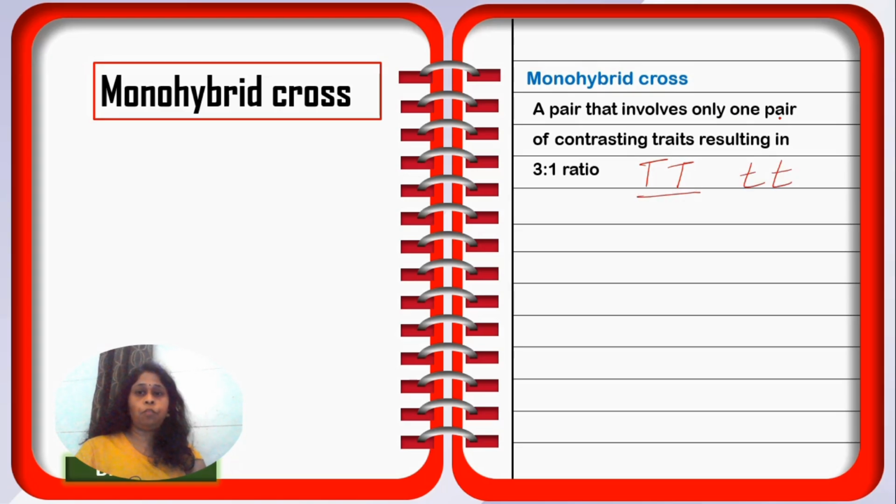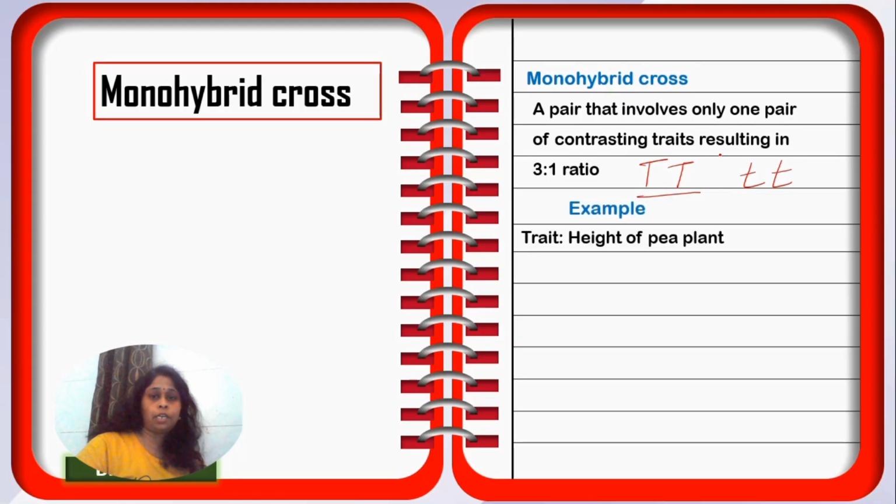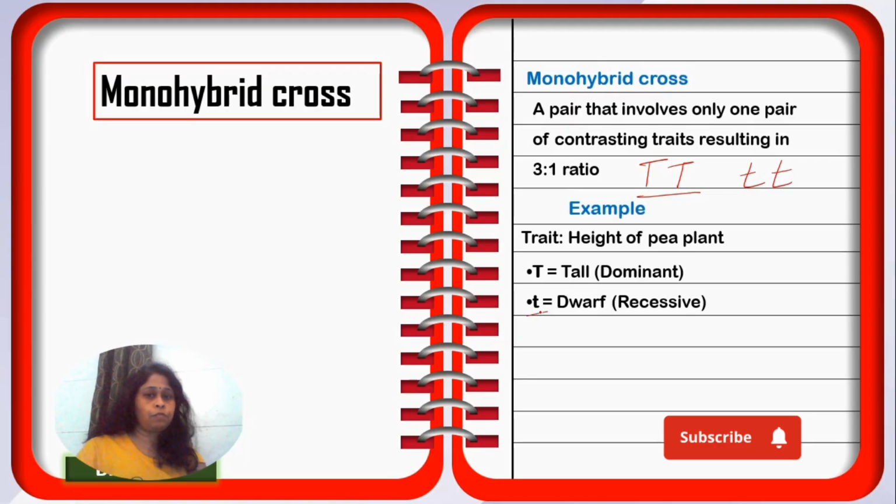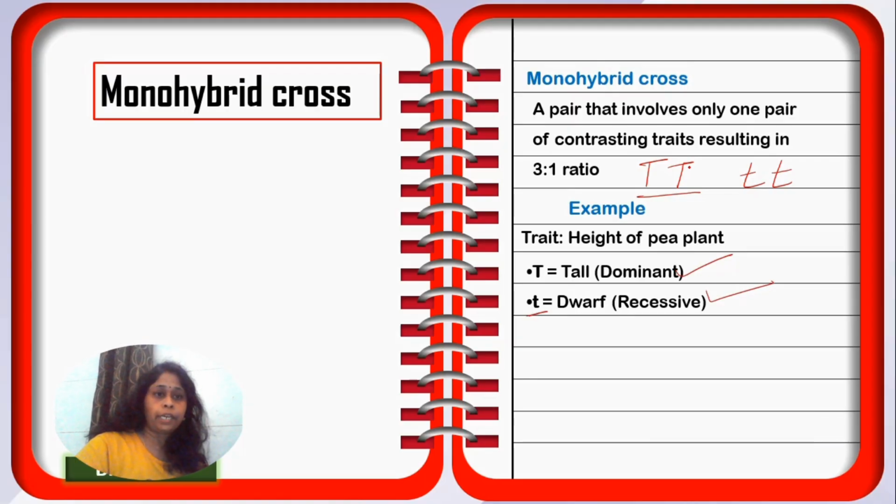So the cross involves only one pair of contrasting traits, resulting in a 3:1 ratio. For example, take the height of a pea plant: in the tall plant the trait is capital T, and in the dwarf plant it is small t, that is dominant and recessive.